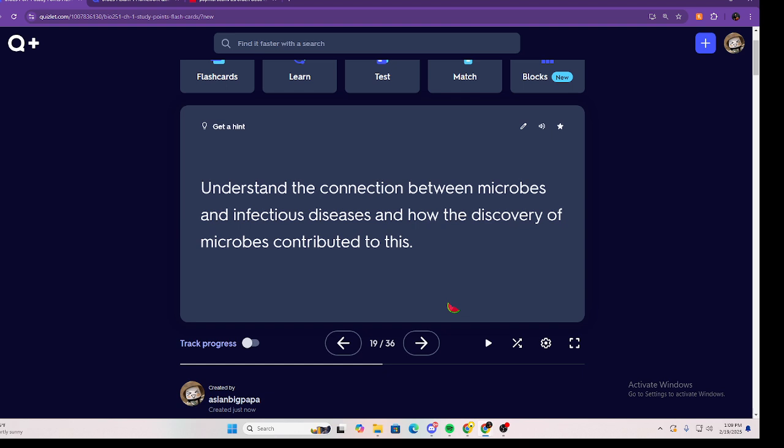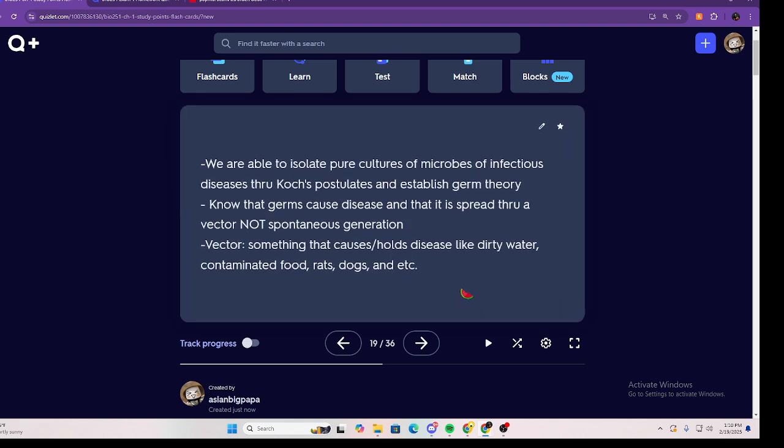And understand the connection between microbes and infectious diseases and how the discovery led to this. So basically, from Koch's postulates, right, we are able to isolate these pure cultures and establish germ theory. And germ theory is essentially that germs cause certain diseases and are spread through a vector, not through spontaneous generation.